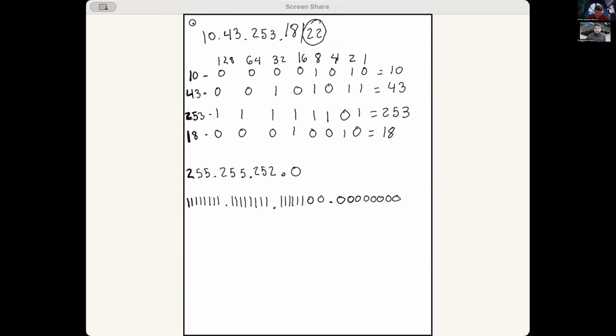All right, so let's do this. We'll highlight this portion here. What would these ones be called, Mohammed? This will be your network side. These are my network bits.